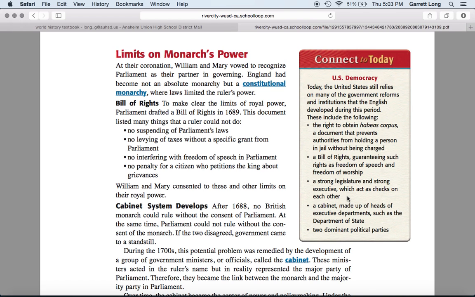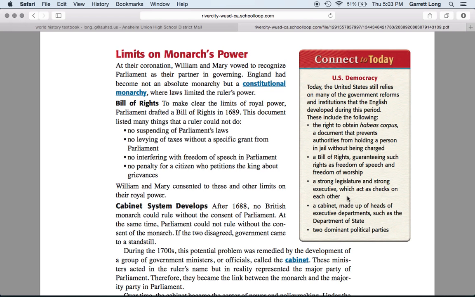So the English Bill of Rights was drafted in 1689, and it has 4 major parts. No suspending of Parliament's laws, so no longer dissolving Parliament at all. No levying or raising of taxes without specific grant from Parliament. No interfering with freedom of speech in Parliament. So if Parliament wants to speak up and they don't quite agree with the king or queen, they are allowed to have freedom of speech, and there will be no consequence to them at all.